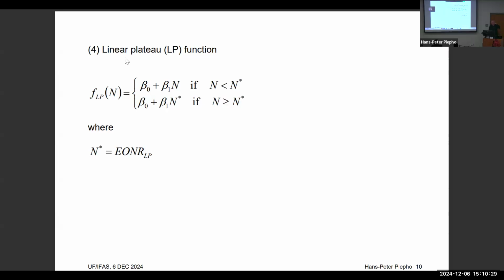The quadratic plateau does that because you can enforce the slope to be 0 exactly where the breakpoint is. But here you have this break and this change in slope, which is kind of convenient because you can say, okay, where the breakpoint is, that's where the economic optimum rate usually sits. But then it may not be so plausible. It may actually cause some bias if it's not a good approximation of the real underlying production.